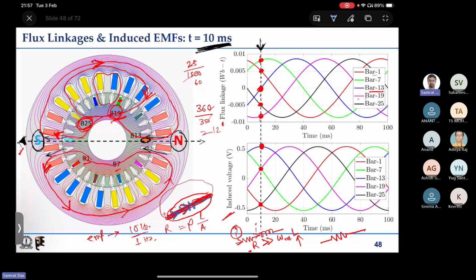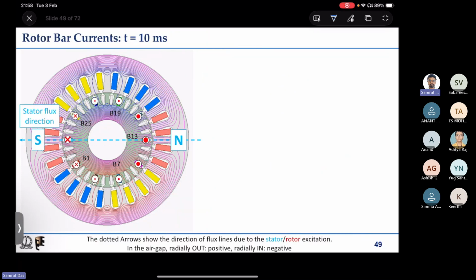So whichever bar has maximum induced EMF will have maximum current, and whichever has 0 will have 0. The induced EMF scales to current at any given instant. So that we will try to see.